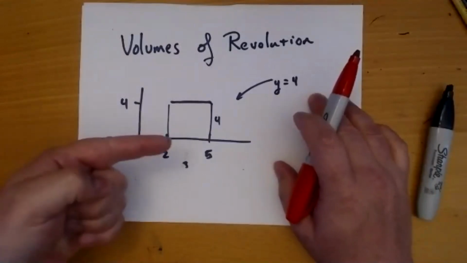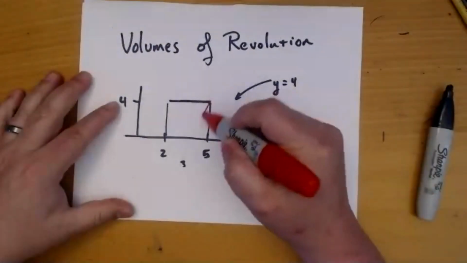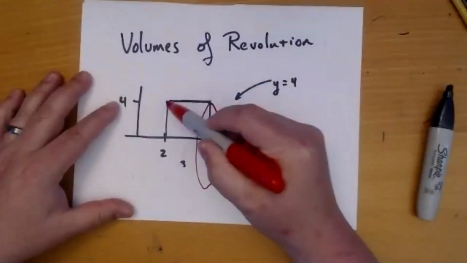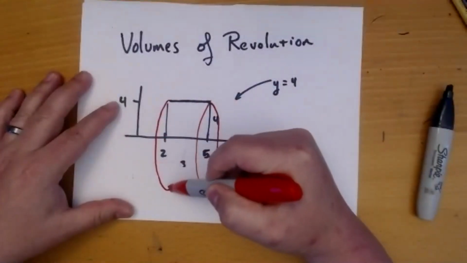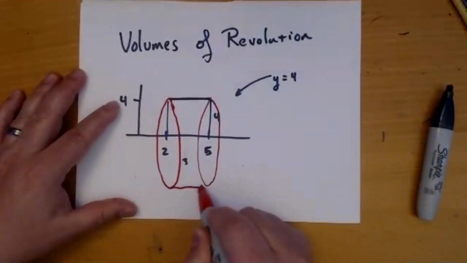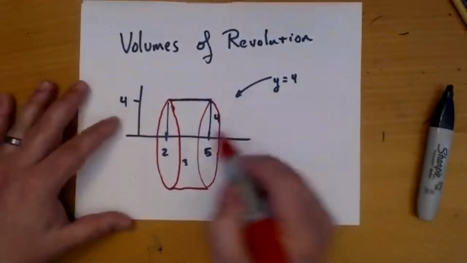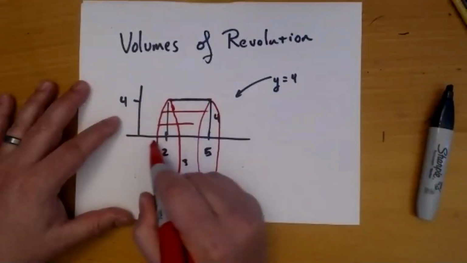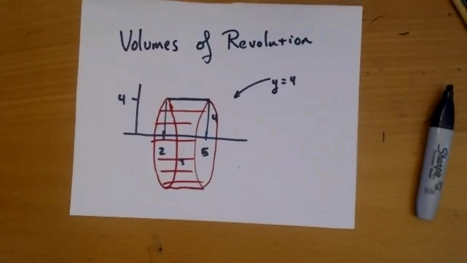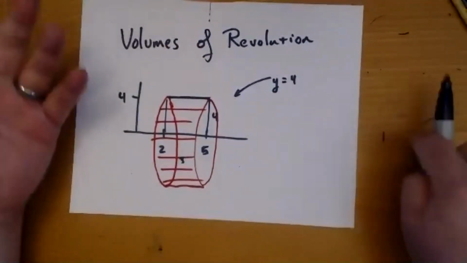It looks like a circle from this side. What shape is that? Yeah, it's a cylinder, or a disc. And that cylinder has a formula for its volume.